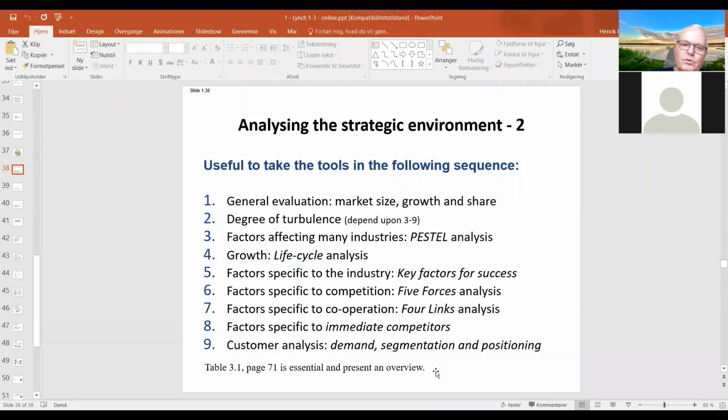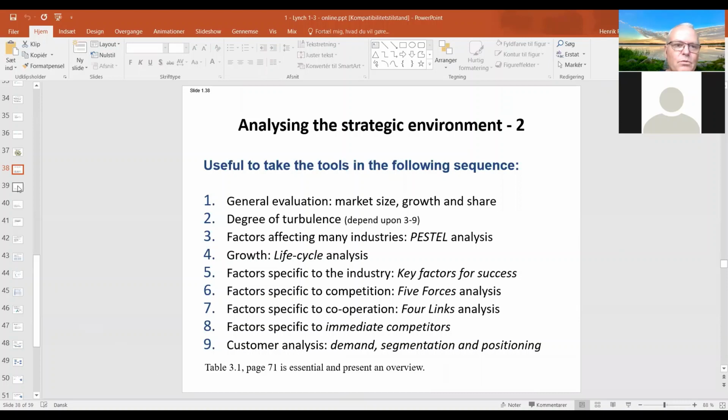So if at the exam, for example, I'm asking questions about doing some kind of external analysis, then you will have the overview right here. And in that table, you will also find some good input on what to do.